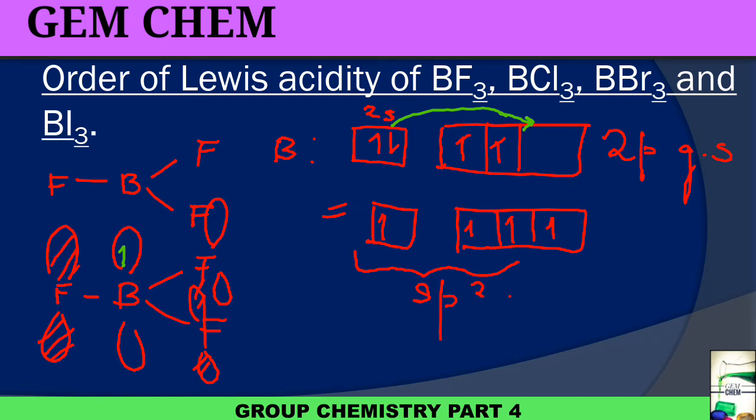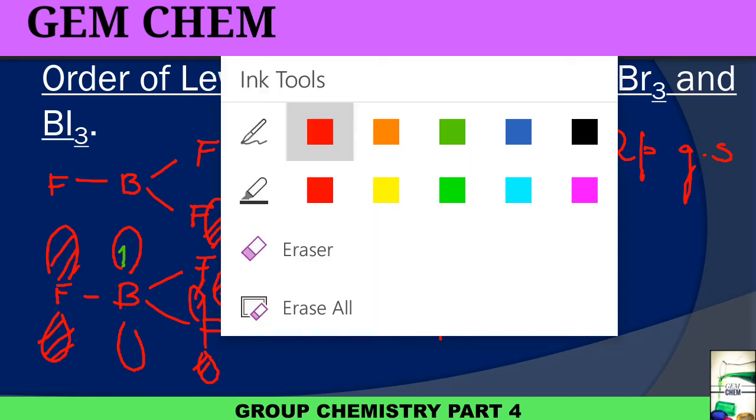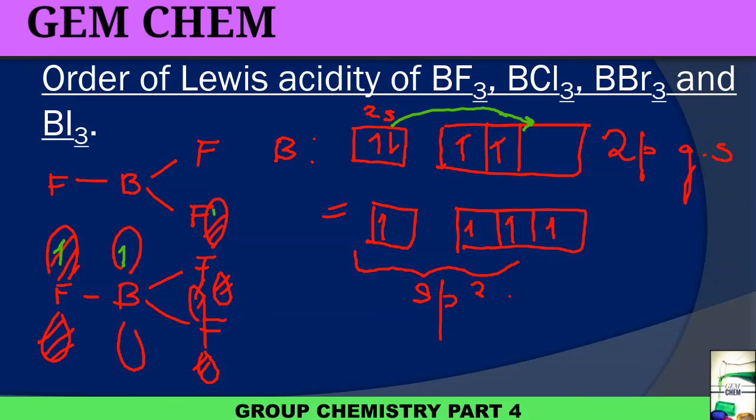If we consider, these are also having 1 electron. This is 1, this is 1 and this is 1. These electrons actually undergo bonding among them.